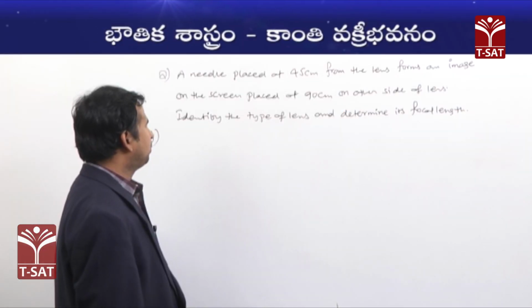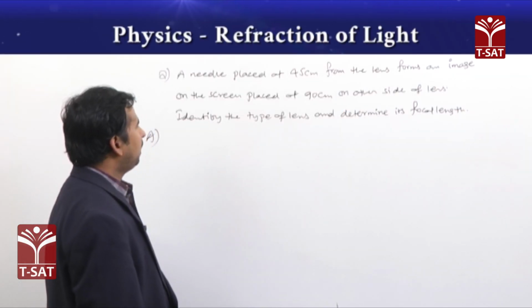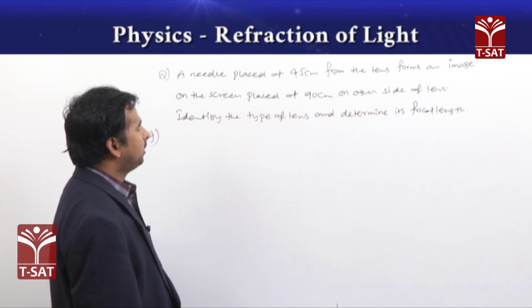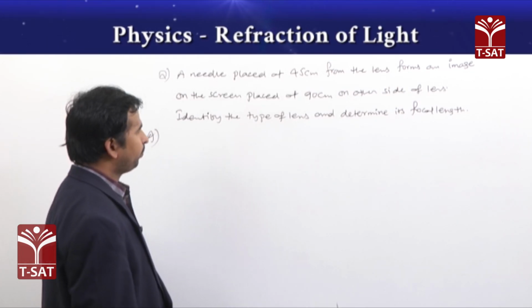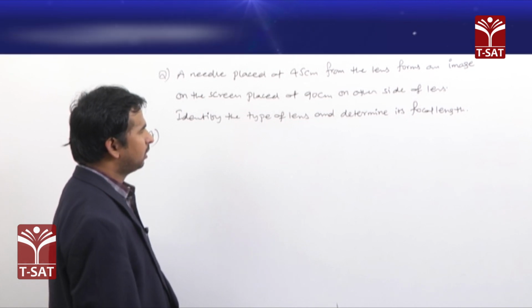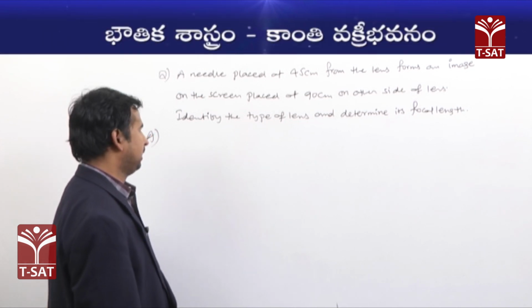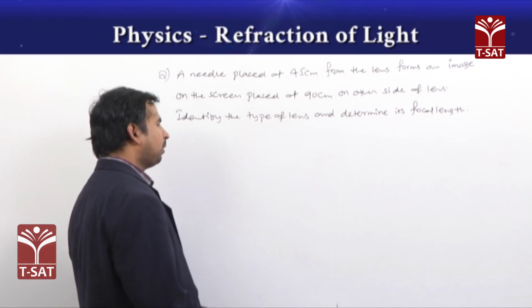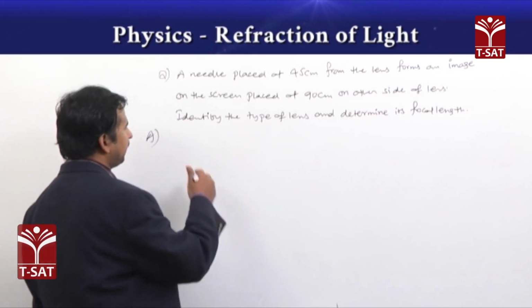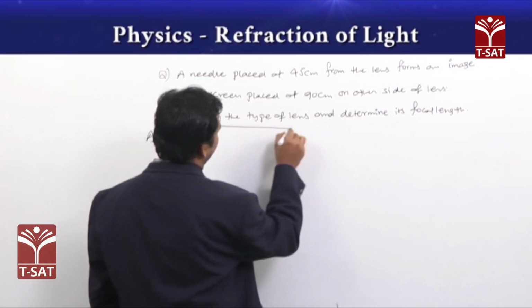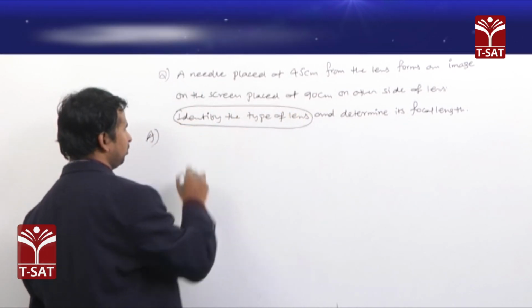Now, you see one more question here: a needle placed at 45 centimeters from the lens forms an image on the screen placed at 90 centimeters on the other side of the lens. Then identify the type of lens and determine its focal length. At first we have to decide which type of lens we are using.